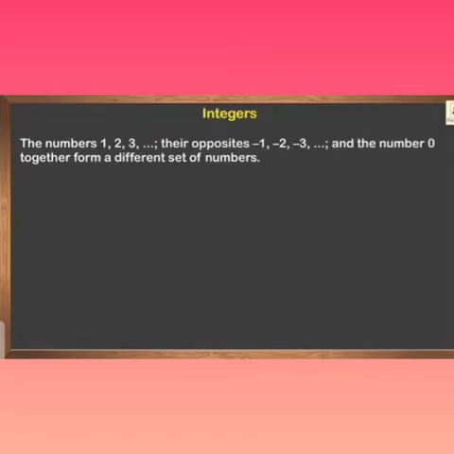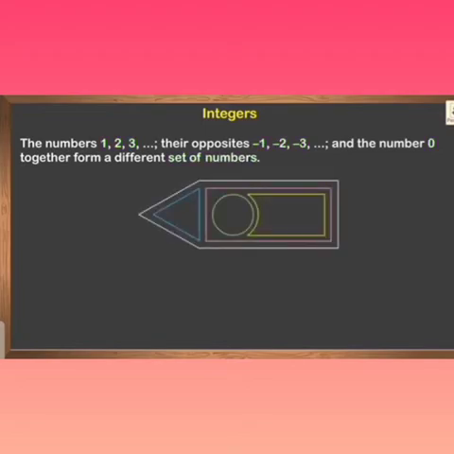Integers. The numbers 1, 2, 3, and so on, their opposites, -1, -2, -3, and so on, and the number 0 together form a different set of numbers. Let us understand the set of integers with the help of the following diagram.